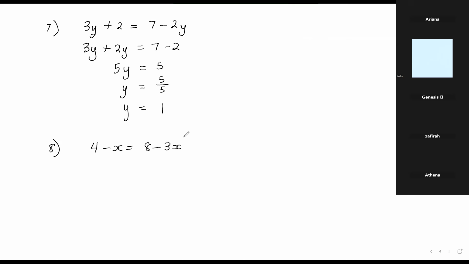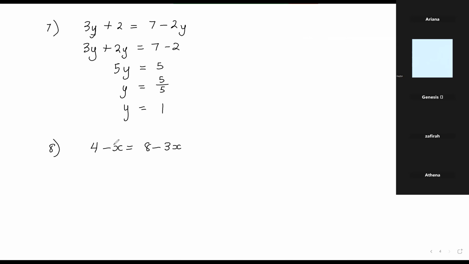Okay. So I have 4 take away x is equal to 8 take away 3x. Well, here's what we'll do, right?